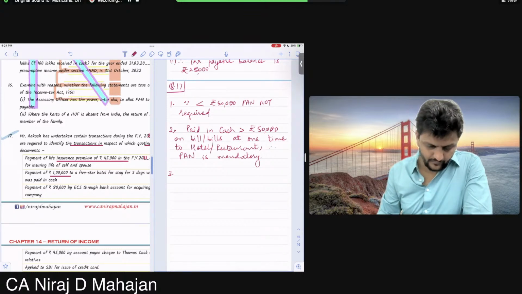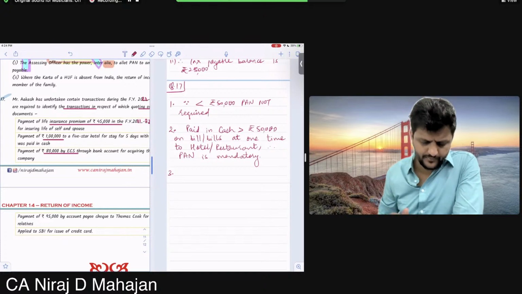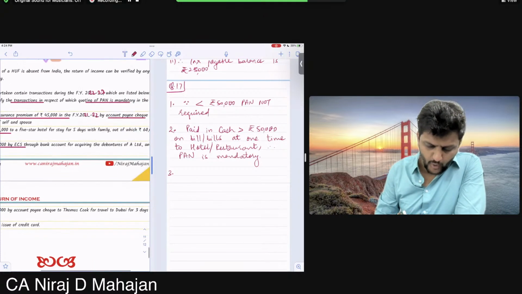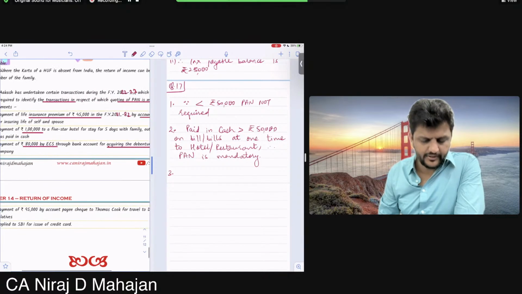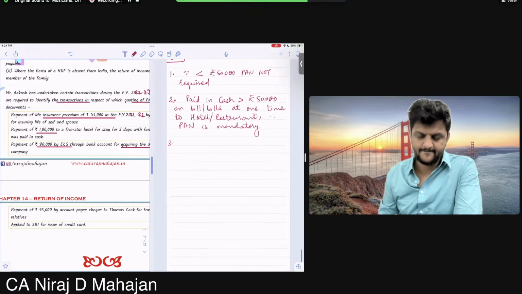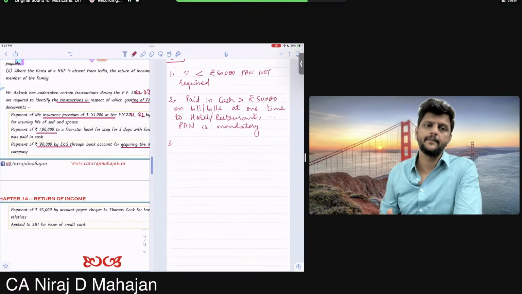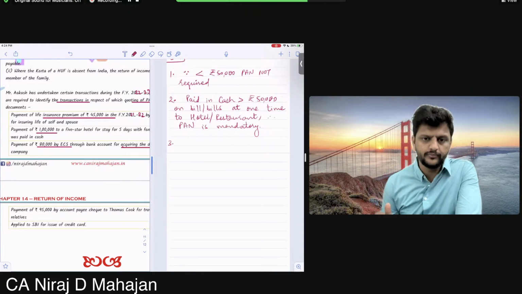Third, payment of 80,000 by ECS. ECS means through banking channel, through bank account, for acquiring debentures of A Limited, an Indian company. What is the limit? 1 lakh, tell me. Is the limit 1 lakh?